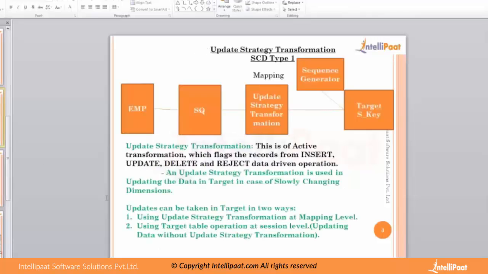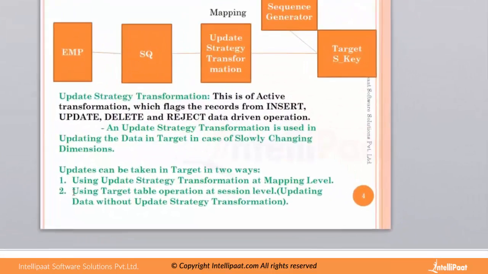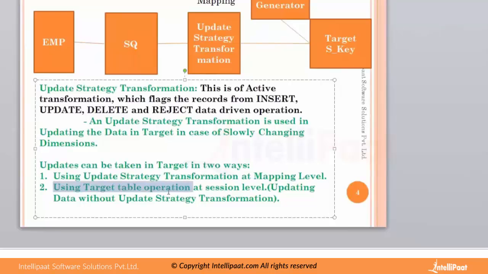The first one is the update strategy transformation at mapping level, but if I don't want to use an update strategy, we have another way using a target table operation at the session level. We have an option on the session level on the target table side that we can check, and by that we can get update as insert, update as update, and update as delete.